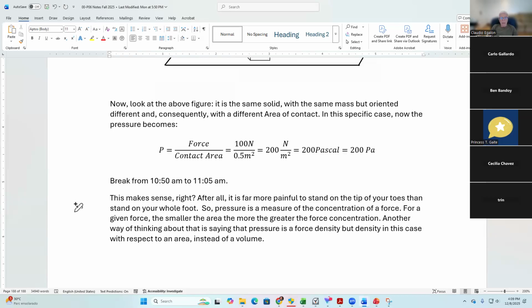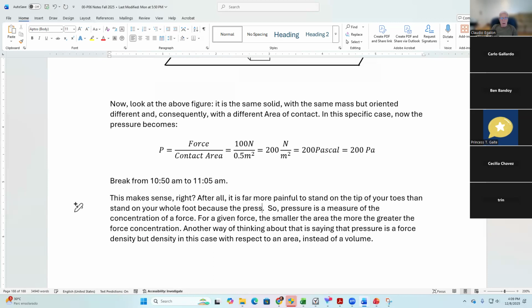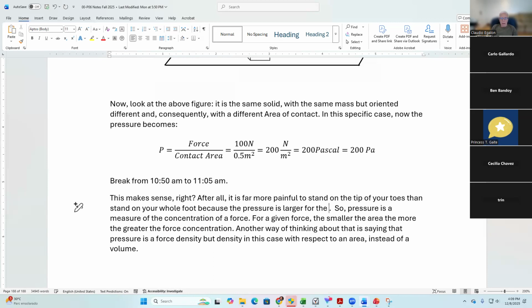Why is that? Because the pressure is larger for the first case. Pressure is the measure of a concentration of a force. That's what it is. It is a measure of the concentration of a given force.